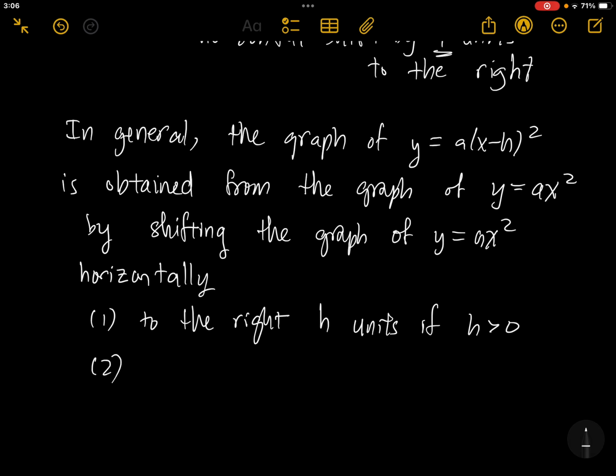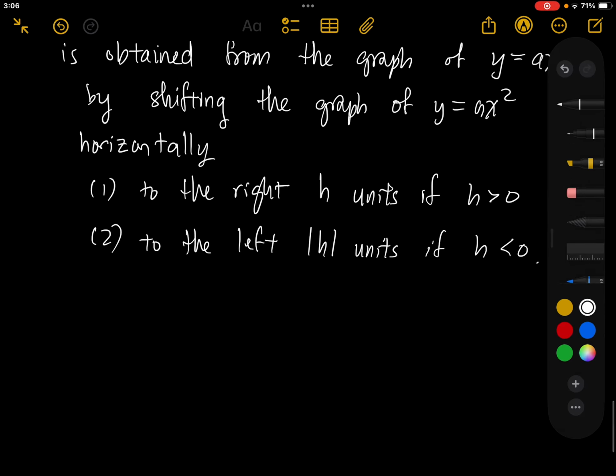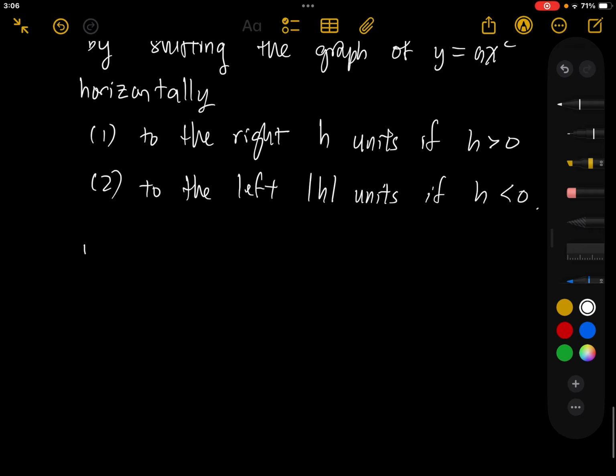What happens if h is negative? If h is negative, then you end up shifting to the left, the absolute value of h units. For example, if you had y equals (x plus 3) squared, that's (x minus negative 3) squared.